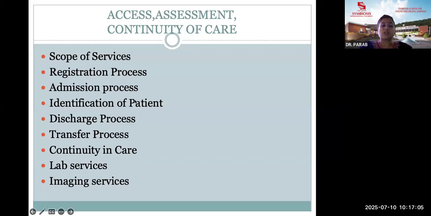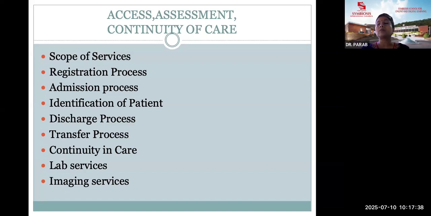Then comes the discharge process. So once the patient is admitted, there are different kinds of patients which are admitted. There are even medico-legal cases which we admit. So the admission process for them may be slightly different, wherein you're trying to inform the police station. You're trying to register the case as an MLC within the police station, and then you're trying to admit the patient. Same at the time of discharge, you might have different kinds of discharge, right?